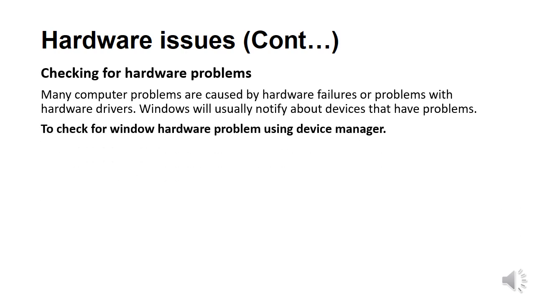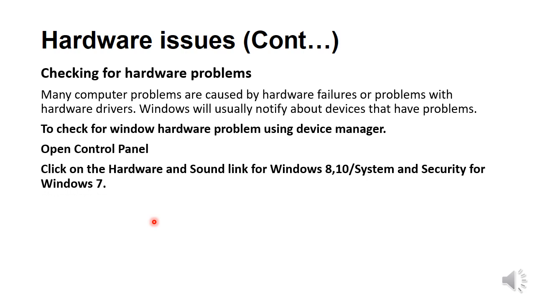To check for Windows hardware problems using the device manager, you have to open the control panel. Depending on the operating system that you are using, you open the control panel and you click on the hardware and sound link if your computer is running Windows 8 or Windows 10. If it runs Windows 7, instead of clicking on hardware and sound, you click on the system and security link.